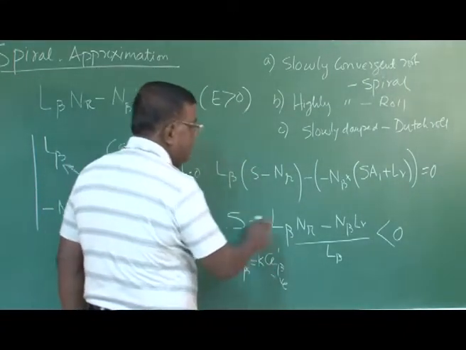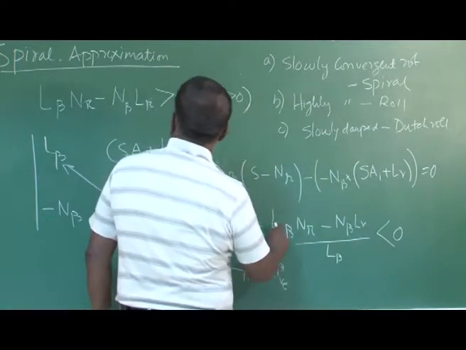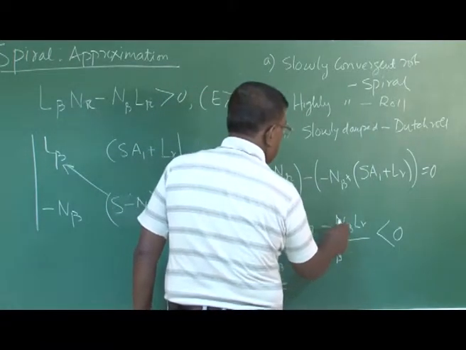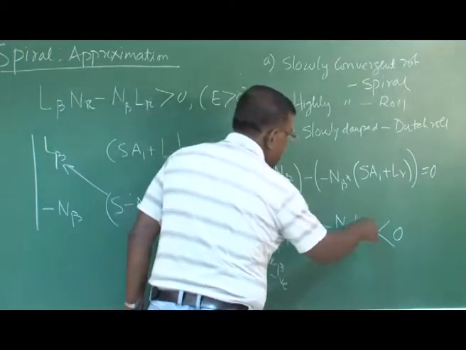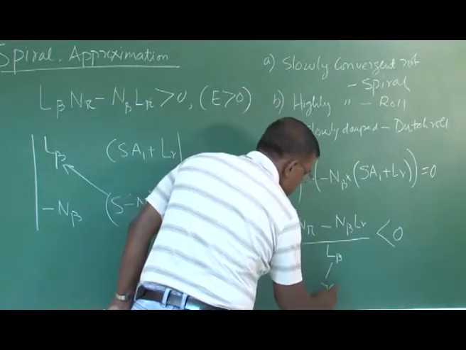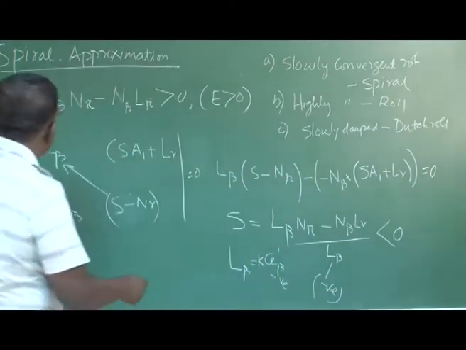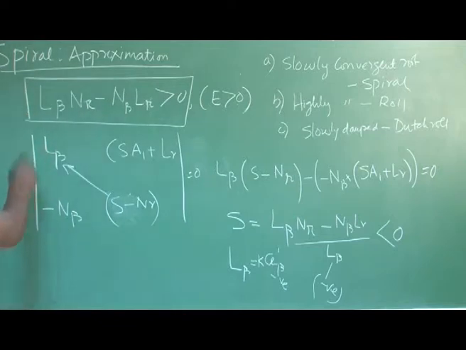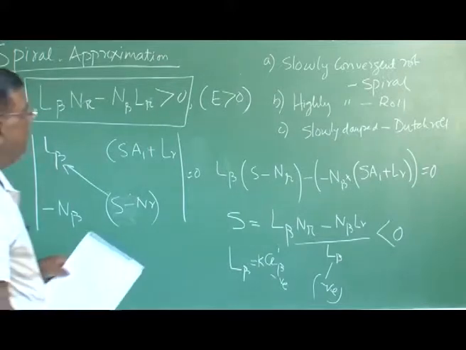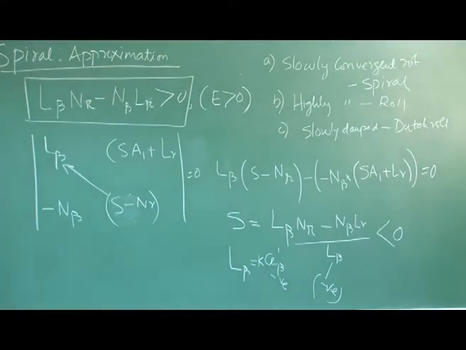So for s less than 0, since L beta is negative, we need L beta Nr minus N beta Lr to be greater than 0, which is the condition we have already seen. So this also we are getting from the first approximation.